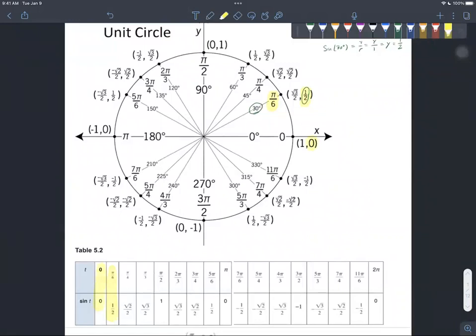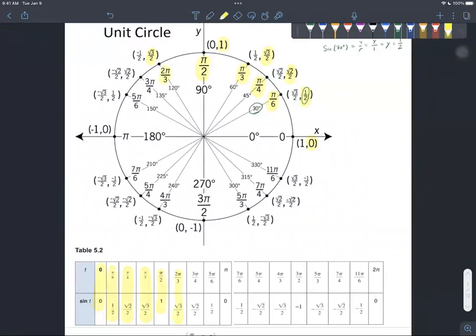The sine of pi over 4 radians is square root of 2 over 2. Sine of pi over 3 is square root of 3 over 2. And then the sine of pi over 2, or 90 degrees, is 1. So we continue this, and we can see that actually the sine goes back to the square root of 3 over 2 when the angle is 2 pi over 3.